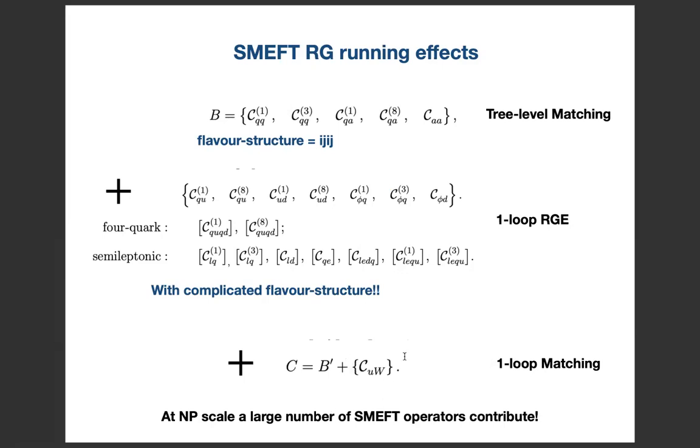This just adds one additional operator to this set B prime. So at the new physics scale, a large number of SMEFT operators can contribute to delta equal to 2 observables. The goal is to have a general master formula in terms of all these operators, including the RG running effects at various stages and one loop matching at the electroweak scale.